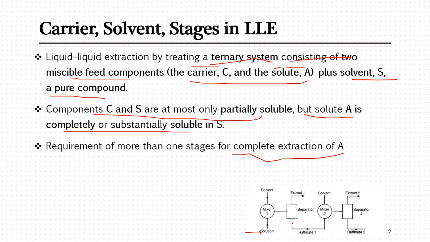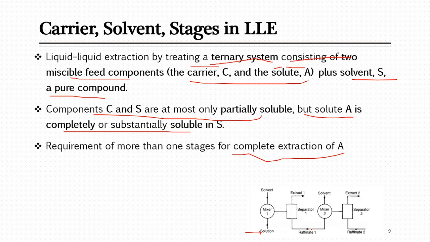What you are looking at here is that the raffinate goes to another mixer. In mixer 2, you are again introducing some solvent, and this raffinate is actually the feed. That raffinate contains carrier as well as some amount of solute, because in the first stage, not all of the solute is transferred towards the solvent.